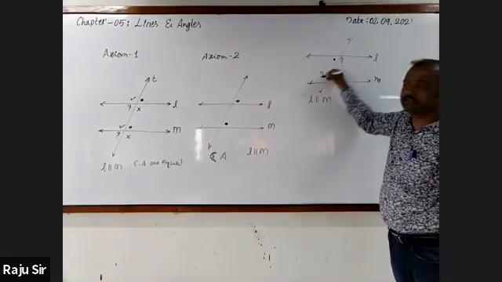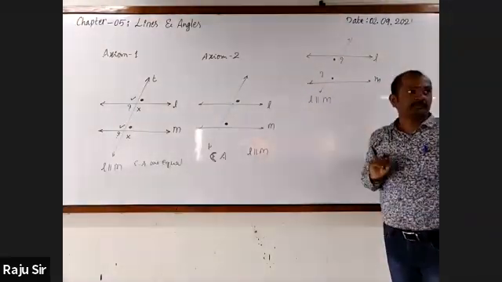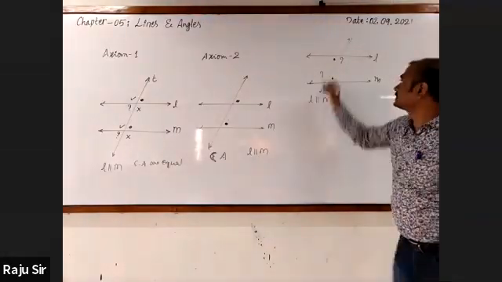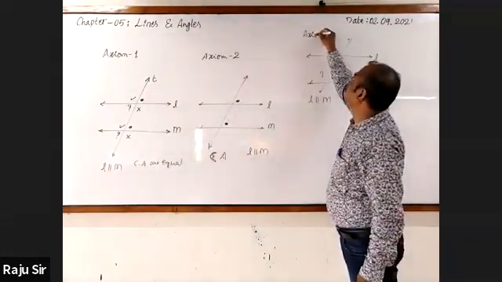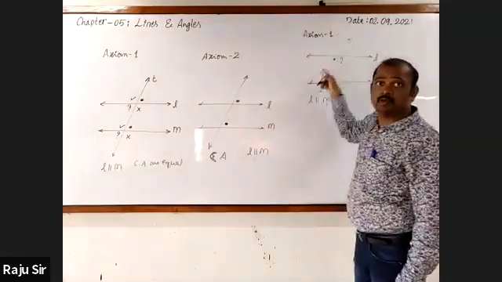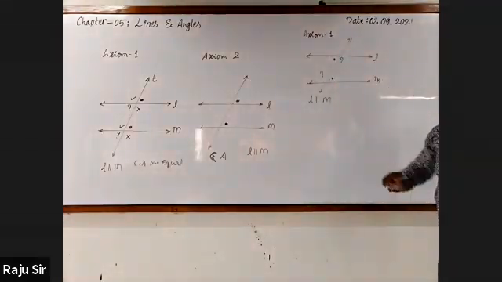This angle is equal to this, and this is equal to this. Clear? Next, this is axiom 1 related to alternate interior angles.